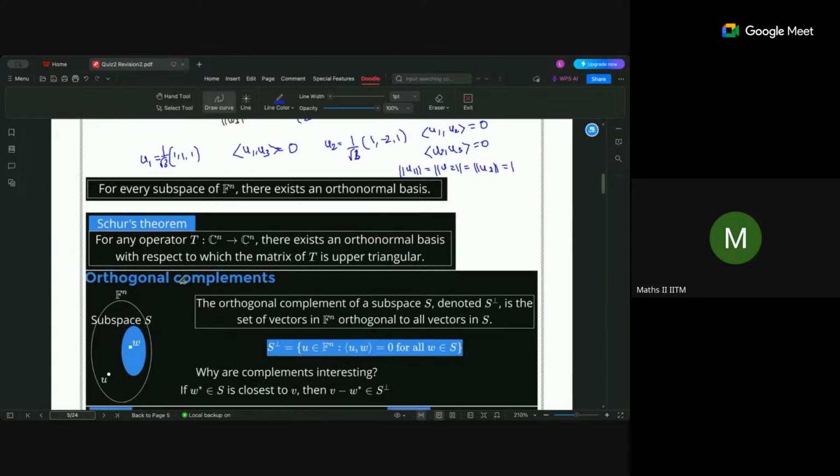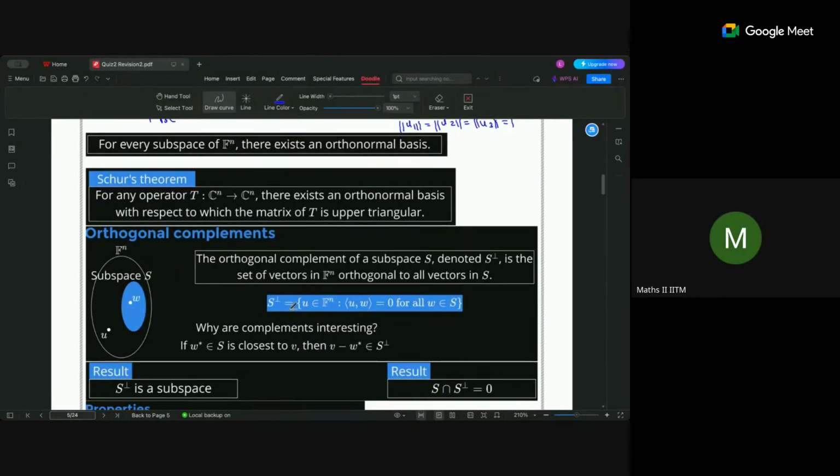Okay, so now what are orthogonal complements? Already I used this notation earlier, right? So it is the collection of all orthogonal vectors to S. So if you are considering a set S, a subspace S, then you can collect all the vectors which are orthogonal to all the vectors of S. Then that is called the orthogonal complement.